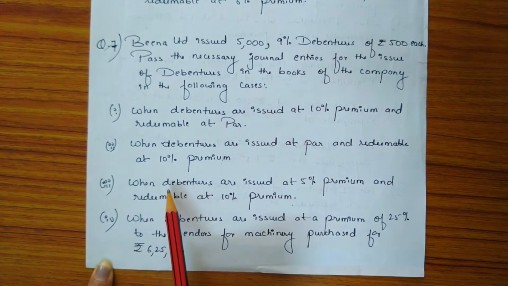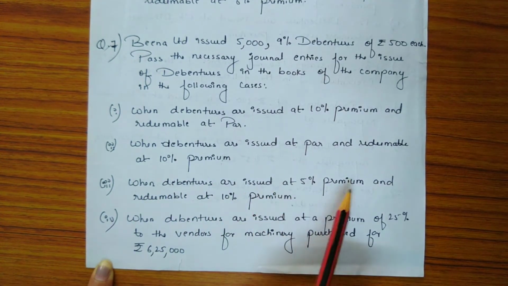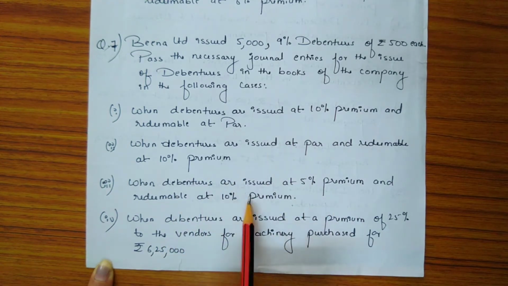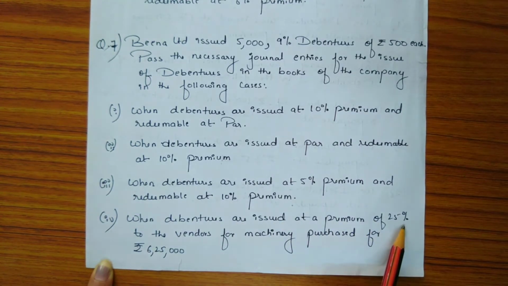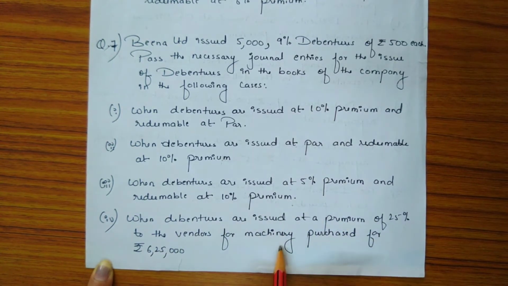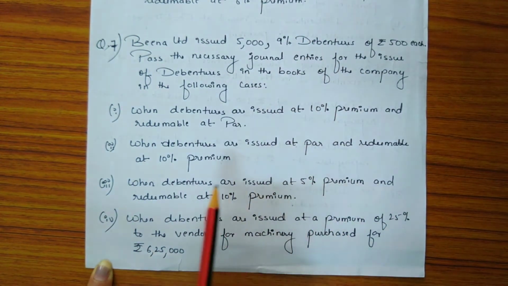Third question is when debentures are issued at 5% premium and redeemable at 10% premium. And the last case is when debentures are issued at a premium of 25% to the vendors for machinery purchased for 6,25,000. So this question is based on 4 conditions of redemption of debentures in terms of issue of debentures.